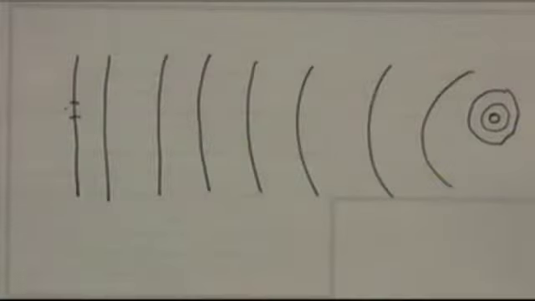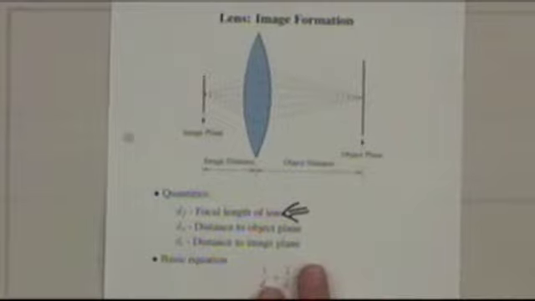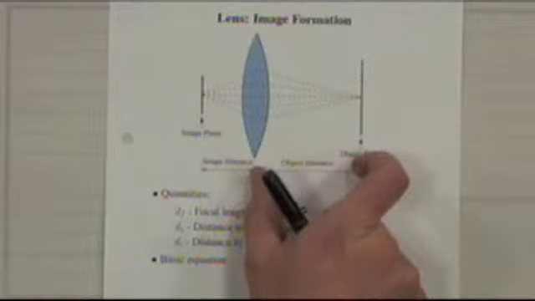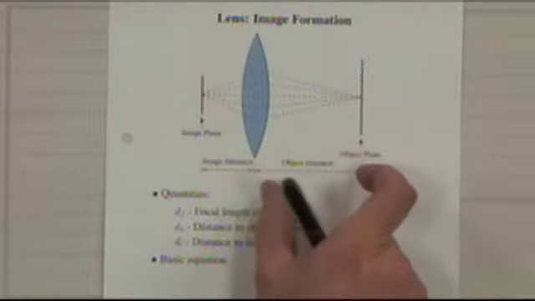Now, of course, you're often imaging things that aren't infinitely far away. In that case, the object distance is some finite quantity, and we'll define that as d sub o, the object distance.